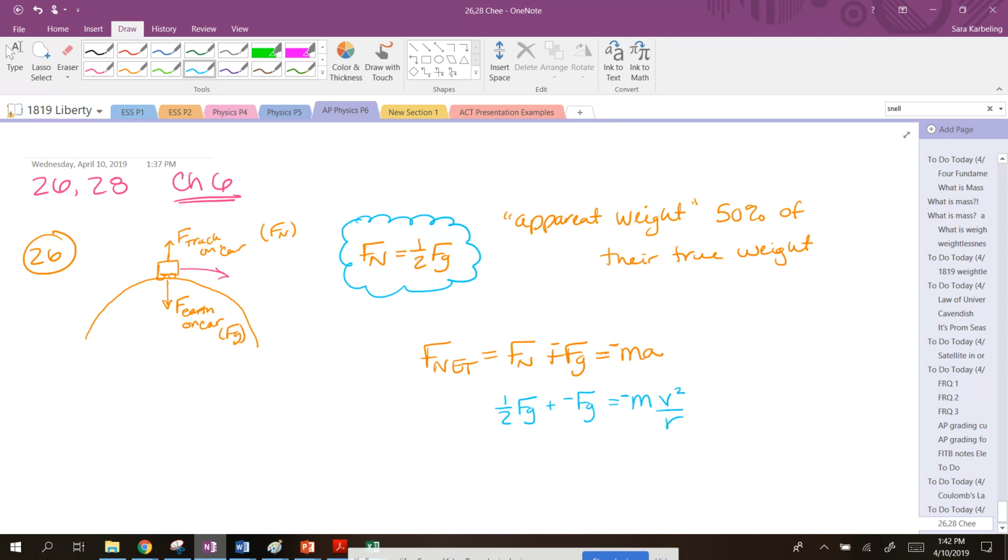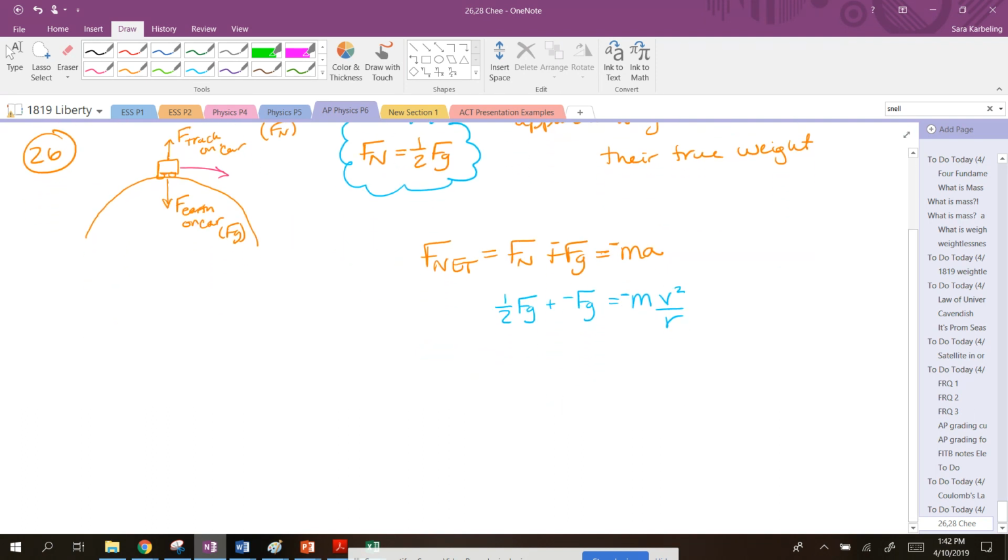Now we're pretty much there, but let's keep going. So 1/2 of Fg plus negative 1 Fg gives me a negative 1/2 of Fg. Negative 1/2 mg is equal to negative m v squared over r.